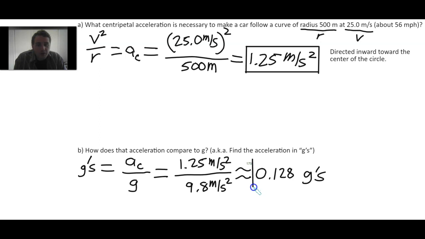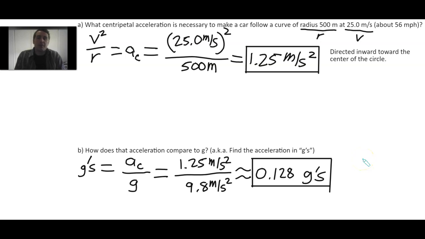Now this is pretty small, but that's because the car is on a very large radius curve, and we also note that the car is moving at a modest velocity, still a fast velocity, 56 miles per hour or 25.0 meters per second. Furthermore, this is not nearly a substantial acceleration for a person's body.